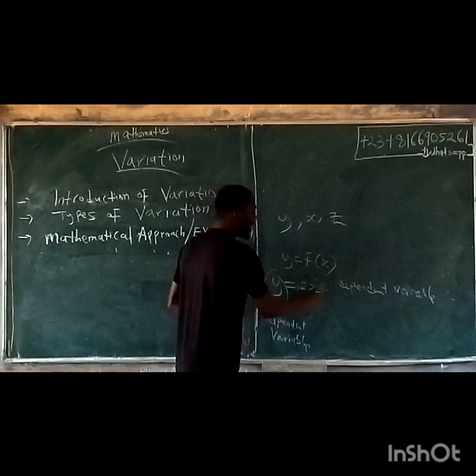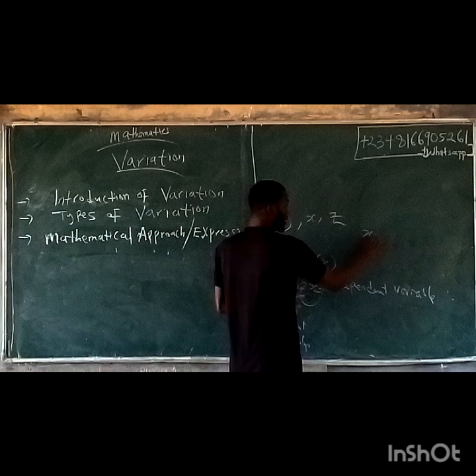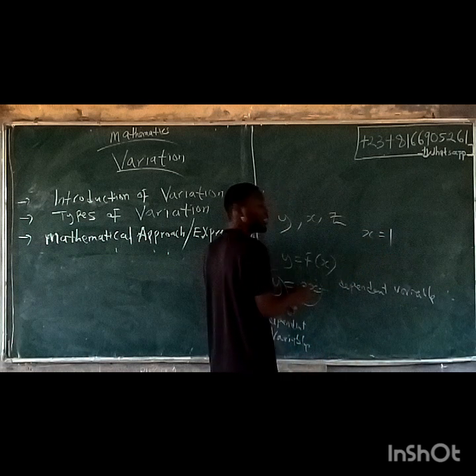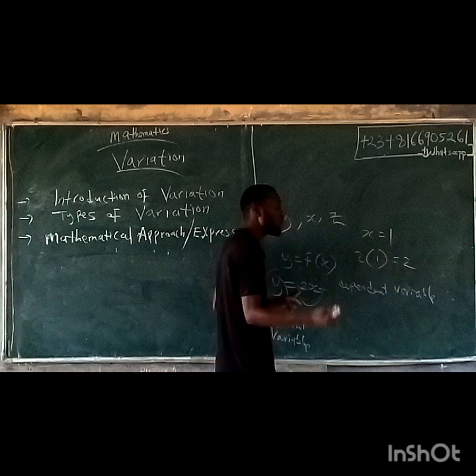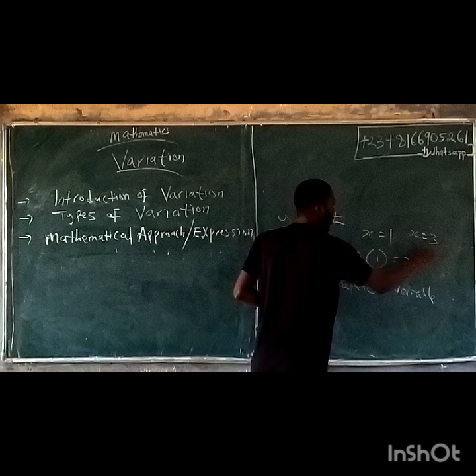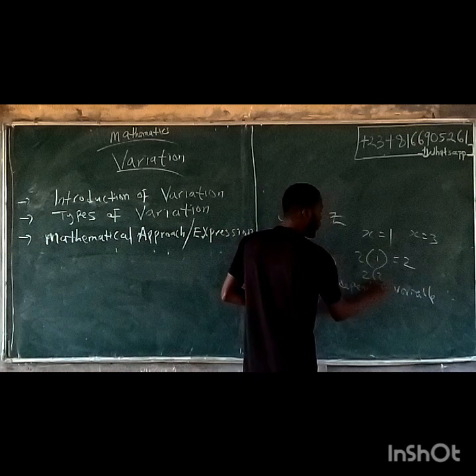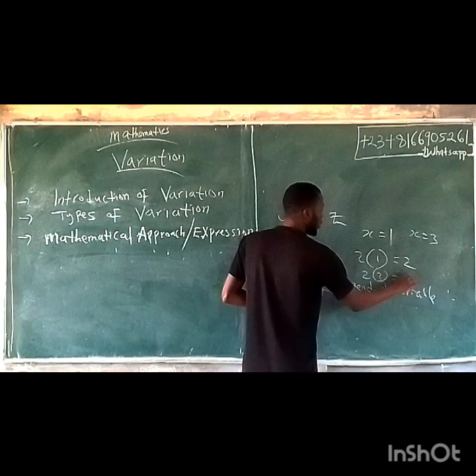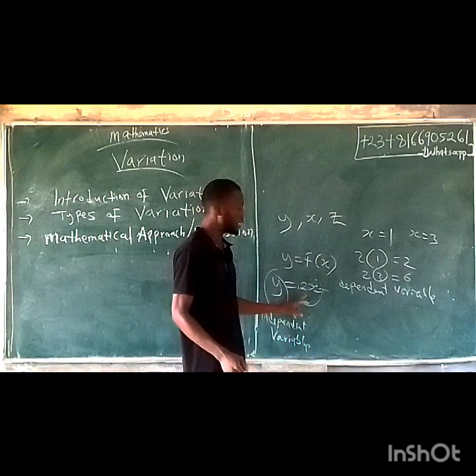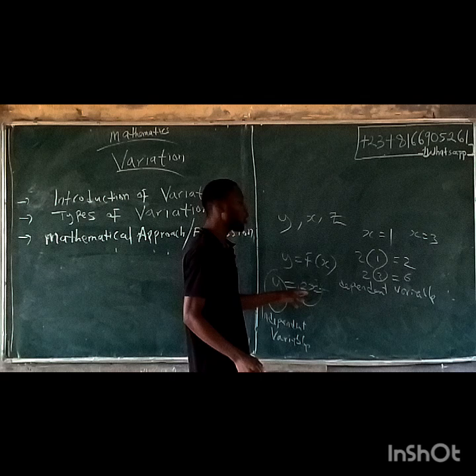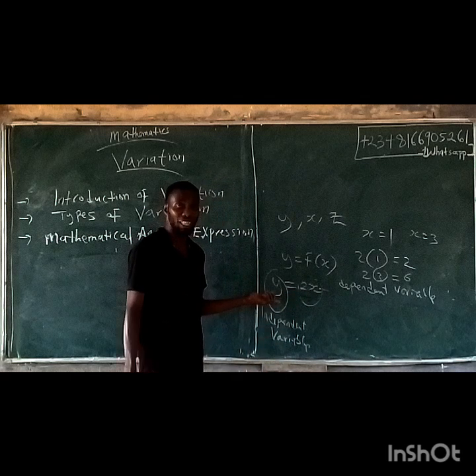Once x is 1, this will be 2 bracket 1, which gives me 2. If we are given that x equals 3, the variable here will be 6. That is 2 times 3, there I have 6. So that is why it is called the dependent variable. But x is known as the independent variable because it's not depending on anything here.